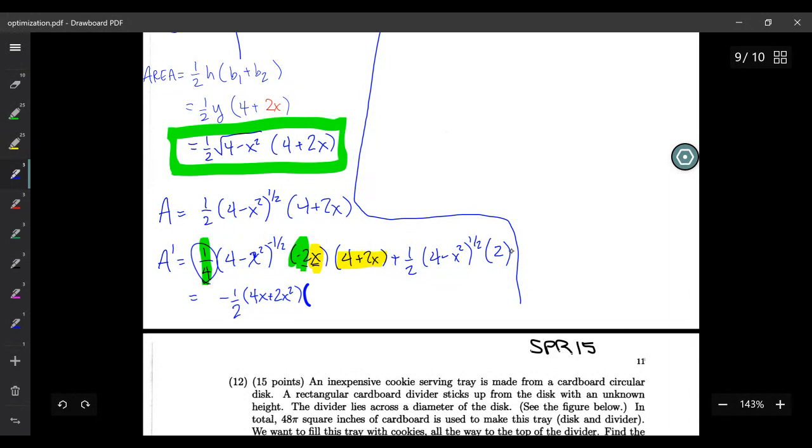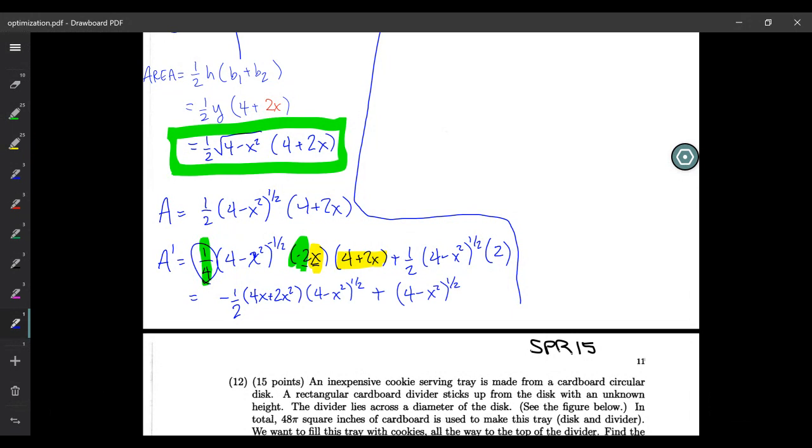And then I have this (4 minus x squared) to the -1/2 power. On the other side, we have 1/2 and 2, so this is just (4 minus x squared) to the positive 1/2.